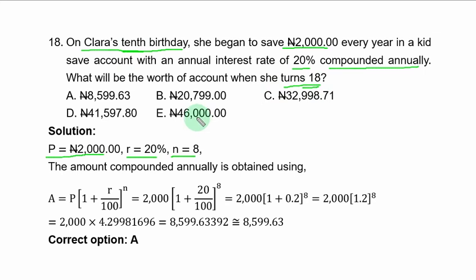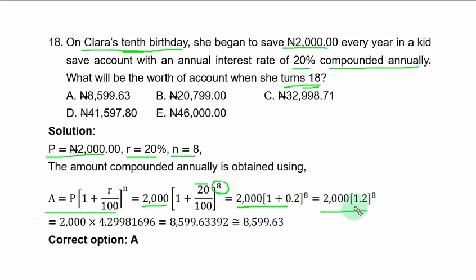The amount compounded annually is obtained using this formula. You replace principal with 2,000, the rate with 20, and n is 8. That simplifies to this and this.